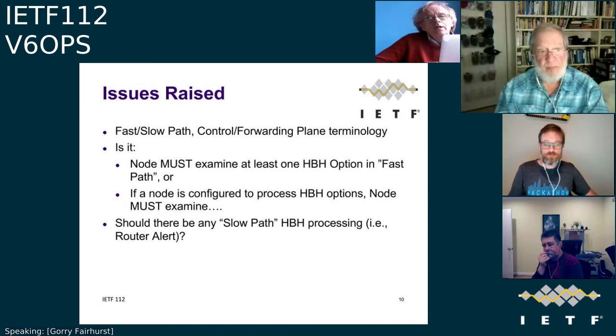This would be something we could easily agree with just any one person in either of these two groups, but getting agreement between multiple people appears to be harder. So we will take advice on what these terms mean, but it's clear to us that the fast path is the right place to be processing the hop-by-hop option. The node must examine at least one hop-by-hop option in the fast path and can be configured to support others. It must, if a node is configured, then the node must examine, etc.